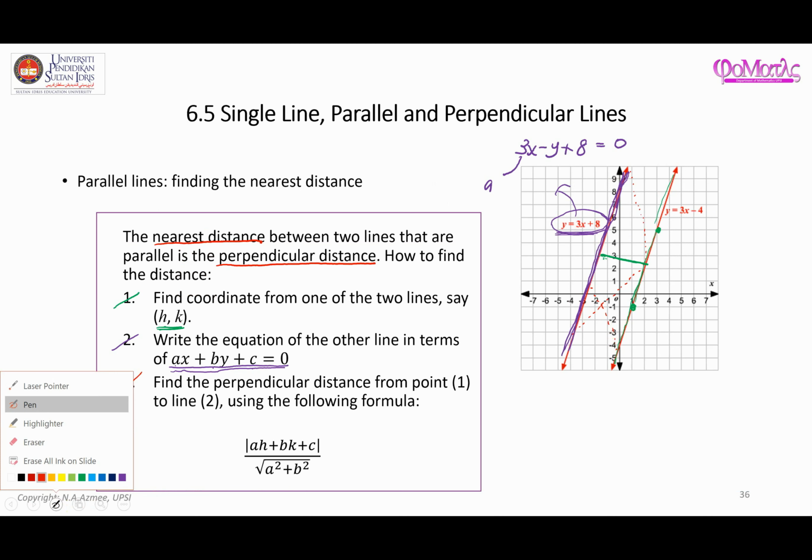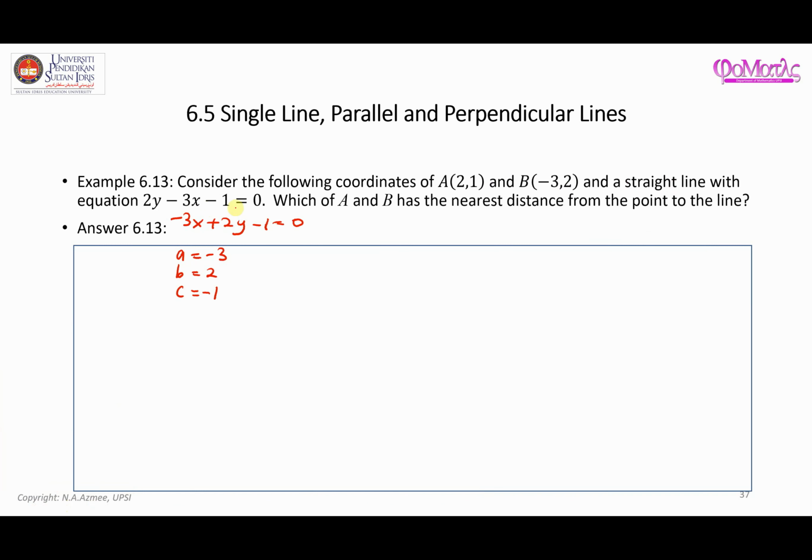In this example, you have this line, which is 2y equals 3x plus 1, so y is 3 over 2 x plus 1 over 2.